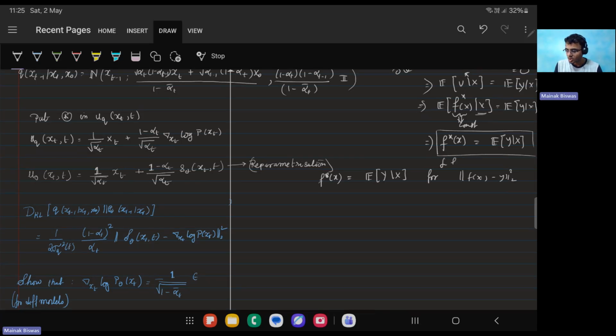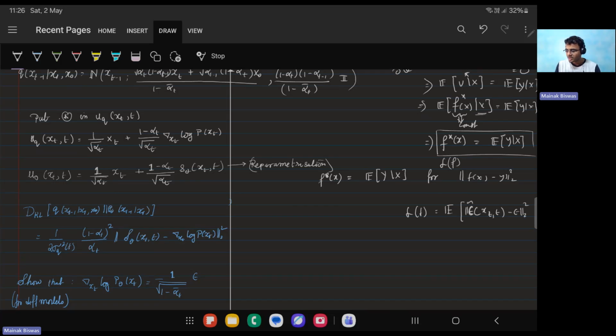So we have our loss function, an expectation over the L2 norm of epsilon cap of xt comma t minus epsilon.